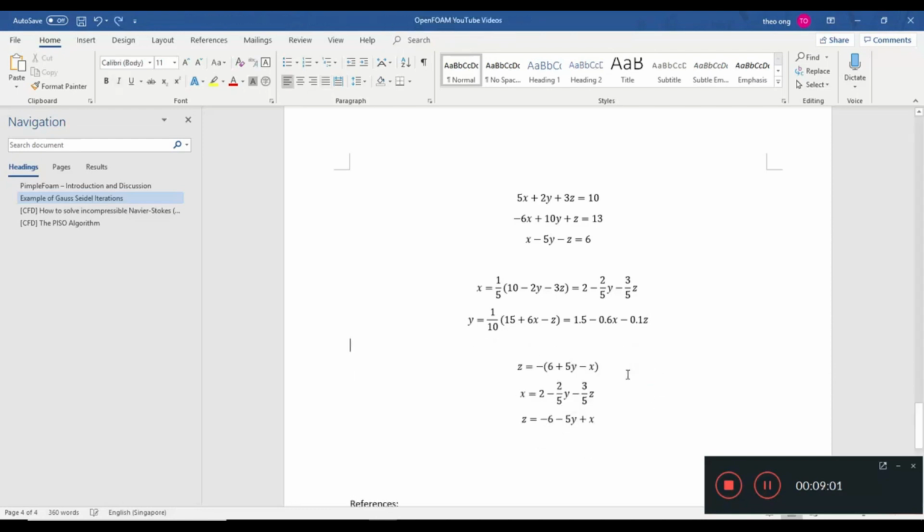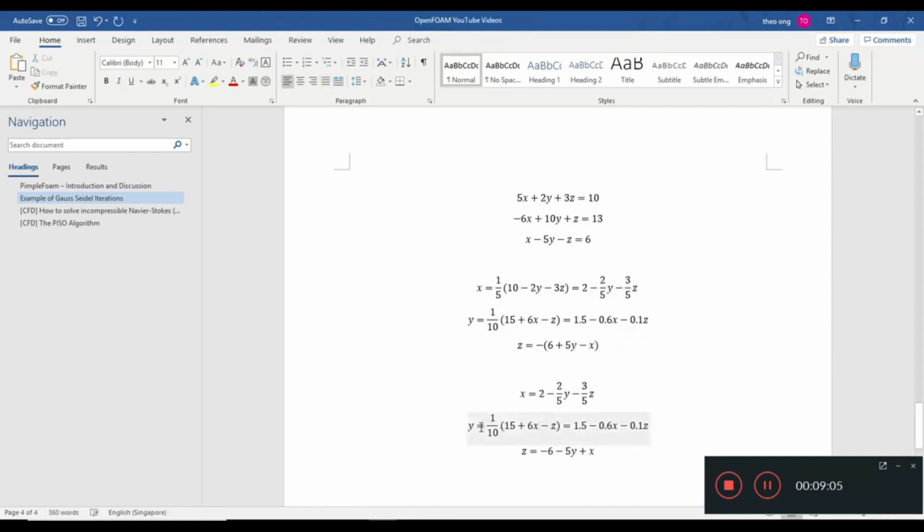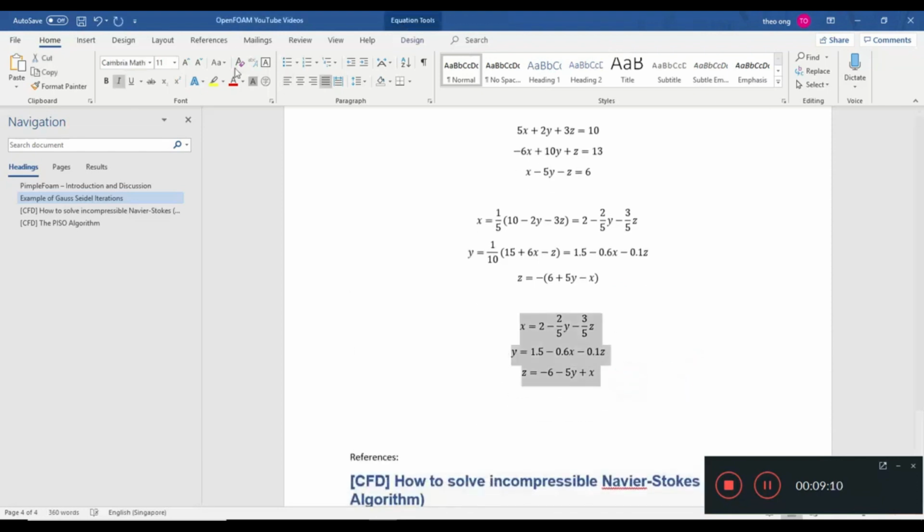I have these 3 equations, so this is what we want to start with. Normally, let's say we start with 0, 0, 0 as our initial guess.